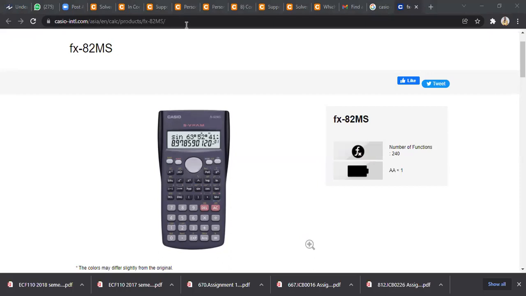Then you look for x squared, y squared, and xy.